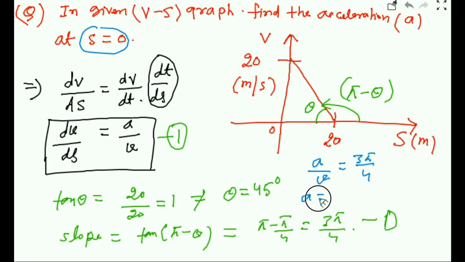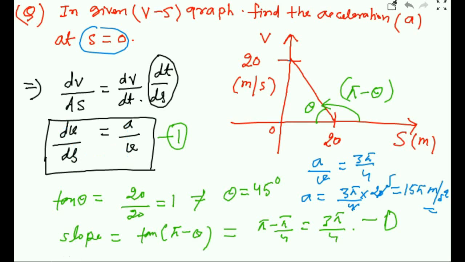So a equal to 3 pi by 4 into 20. So this is 15 pi meter per second square. So if you have a standard velocity and displacement curve, then you can always say dv by ds, slope will give a by v.